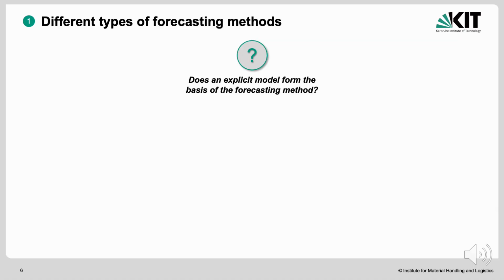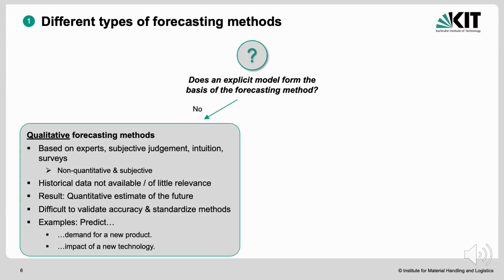You implicitly assume that there will be demand in the future to such an extent that your decisions make sense. Basically, there are 2 ways of doing forecasting. One is qualitative forecasting. So we don't want to get figures or numbers.